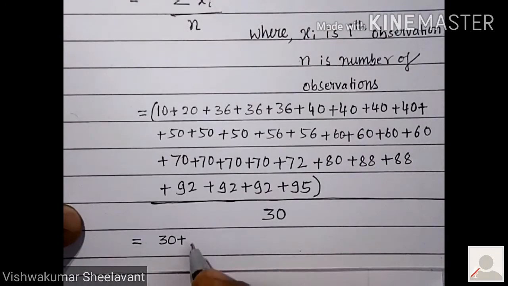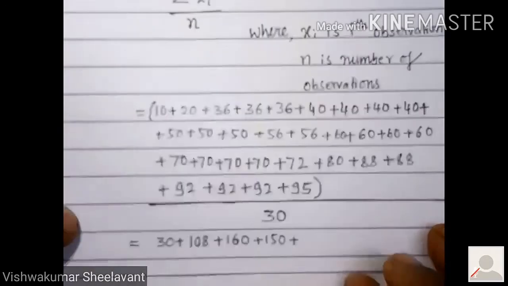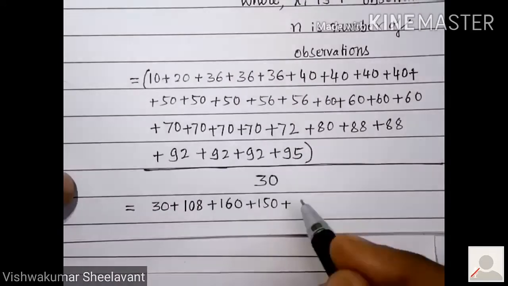So it will become 36 3s are 108. 40 is 4 times. It will become 160. 50 is 3 times. It will become 150. 56 is 2 times.